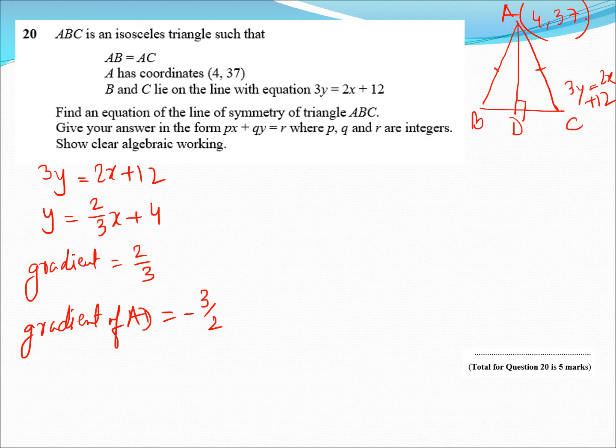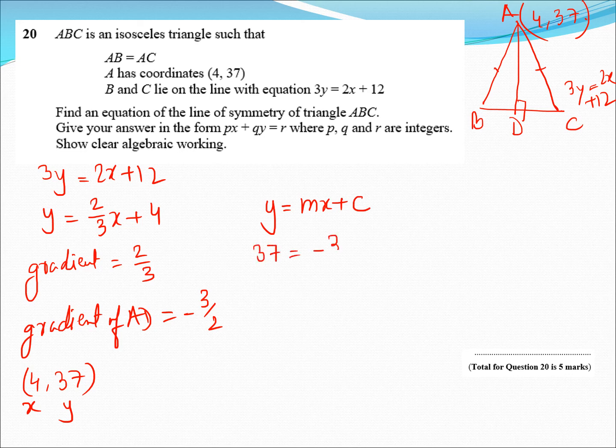And this line has a gradient of minus 3 over 2, and it is passing through 4 and 37. This is the x, this is the y. So we are going to try and form the equation of this line. So I'm getting y is equal to mx plus c. Y is 37.